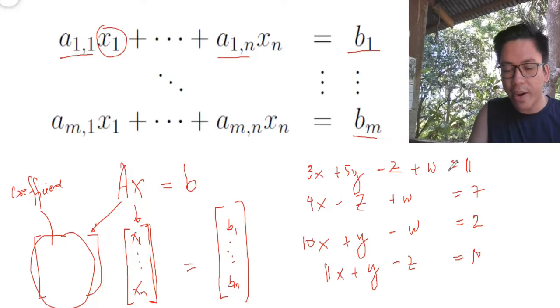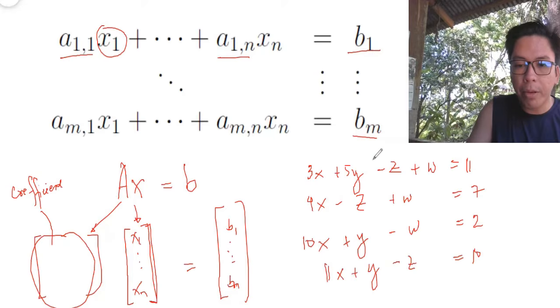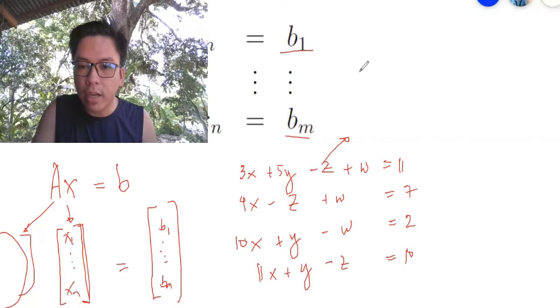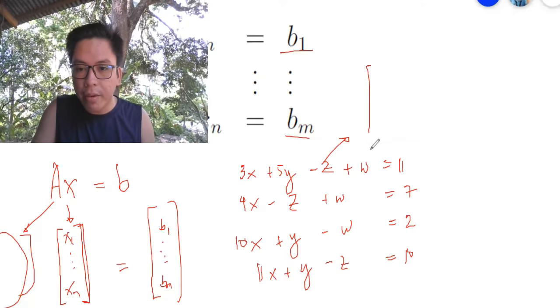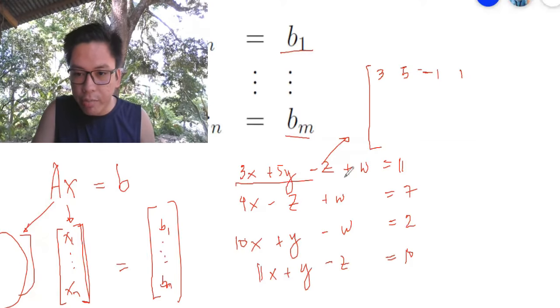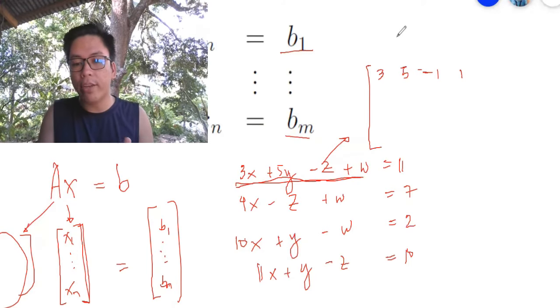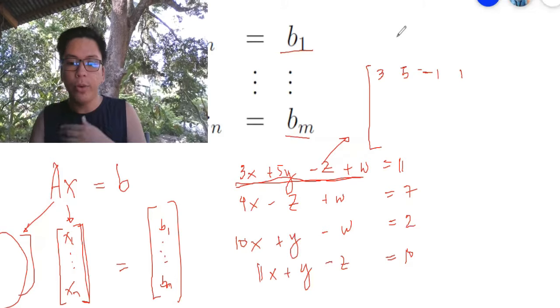Assuming these systems do make sense, anyway, the purpose here is to illustrate that to create a coefficient matrix for that, I would have 3, 5, minus 1, 1. That corresponds to the coefficients here, assuming the order is x, y, z, and w.